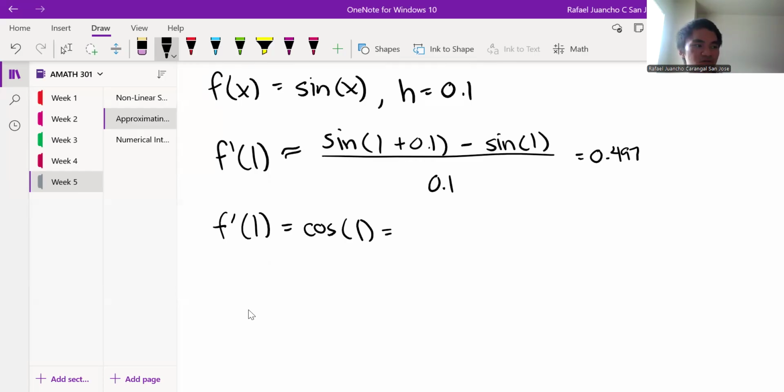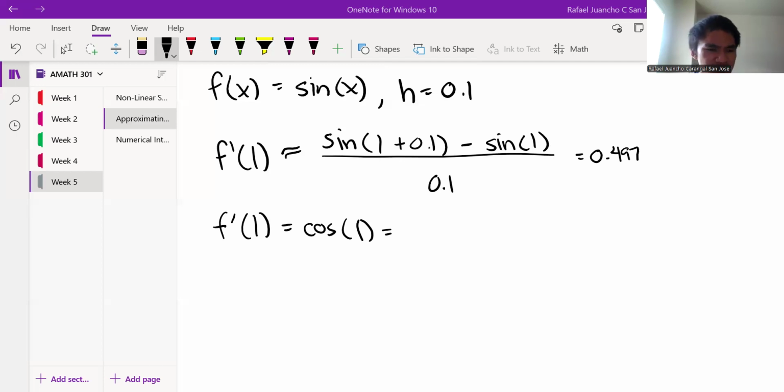I forgot what trig function that was. Cosine of 1 was, what was it again? God, it's one of these things. It was like a pi-ish, something with pi. Okay, it's a Taylor series. Ah, okay, there's an exact value. I was not expecting a Taylor series at all.